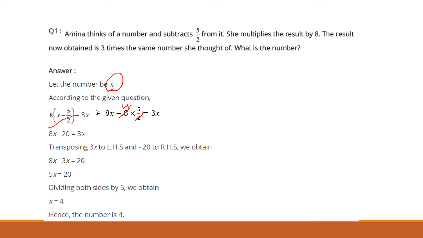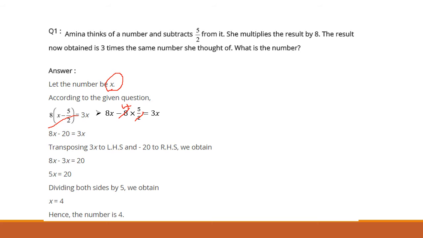Children, transposing this 3x to the LHS and minus 20 to the RHS, 3x comes to this side and becomes minus 3x. If we transpose minus 20 to the other side of the equation, the minus 20 becomes plus 20. 8x minus 3x equals 20. 8x minus 3x gives 5x. 5x equals 20.